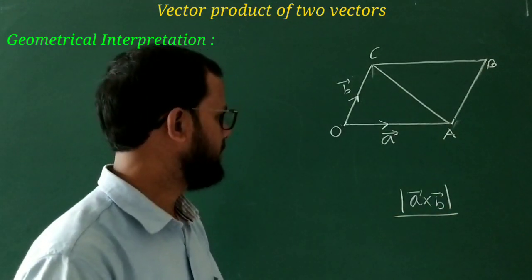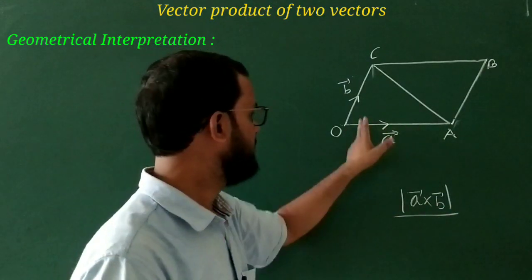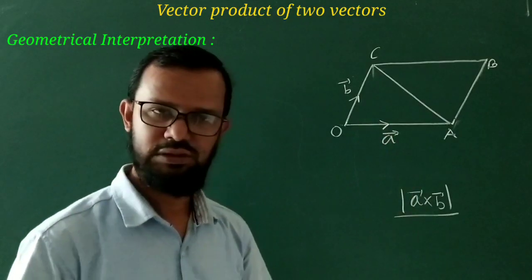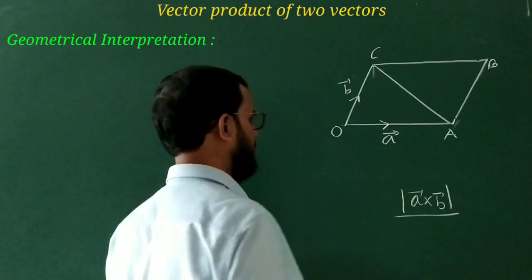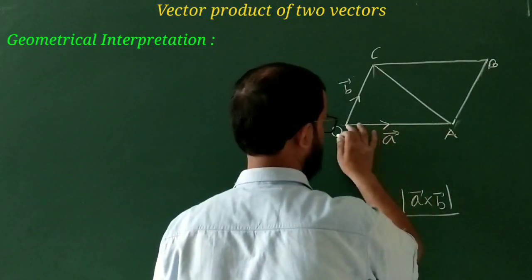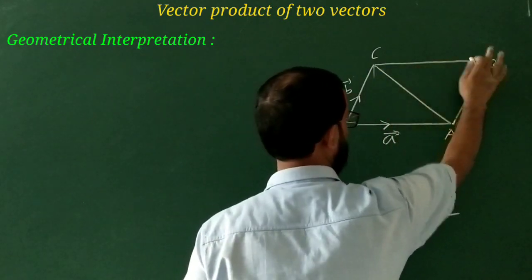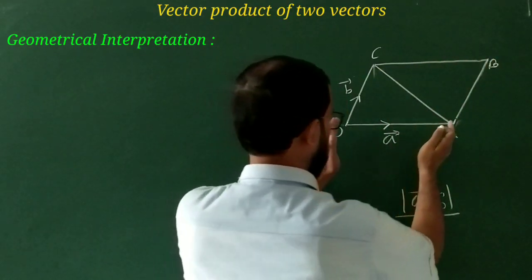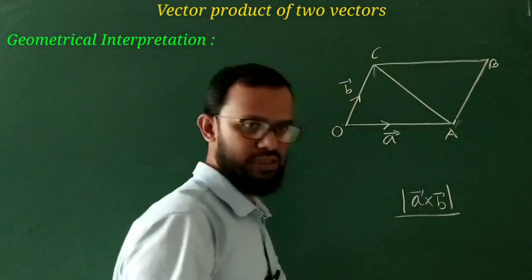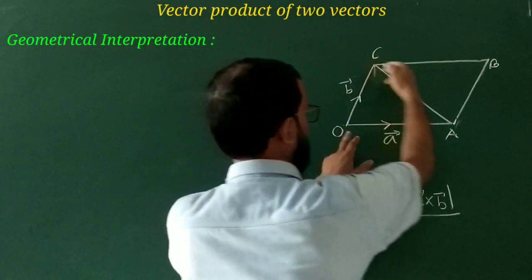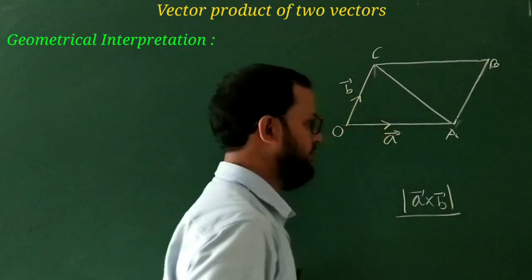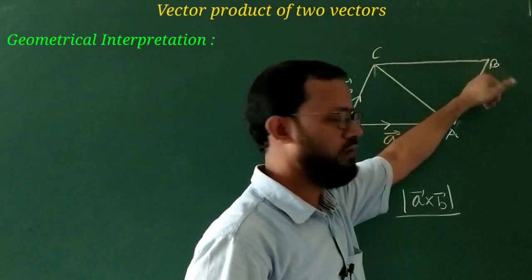Let us suppose that this is A vector and this is B vector, making some angle. In the same direction there is another vector parallel to this vector; OA and CB magnitudes are the same, and OC and AB magnitudes are the same, and finally we can draw a parallelogram.